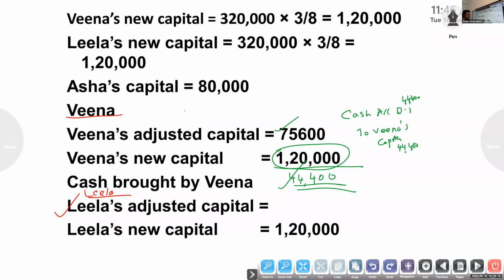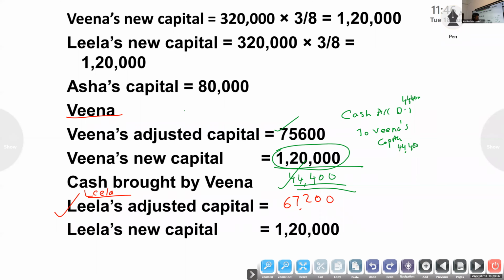The amount will be, Asha? 67,200. Yes, 67,200. 78,000 minus 10,800 is 67,200.